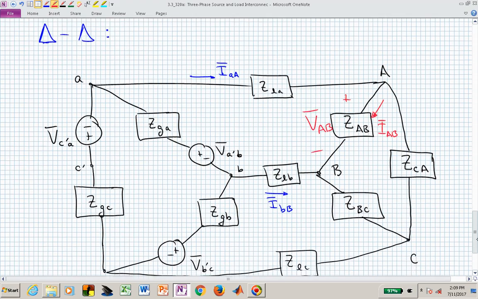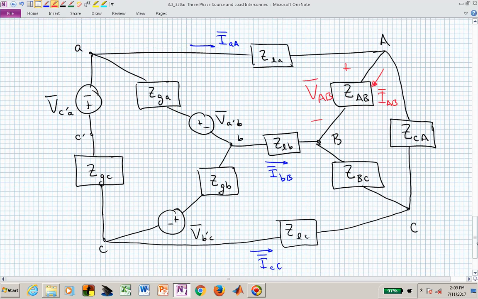And finally, we have the delta-delta configuration. Here, what is our A phase load voltage? That's V sub AB. We do not even have a V sub AN in this delta wired load. What's our A phase load current?